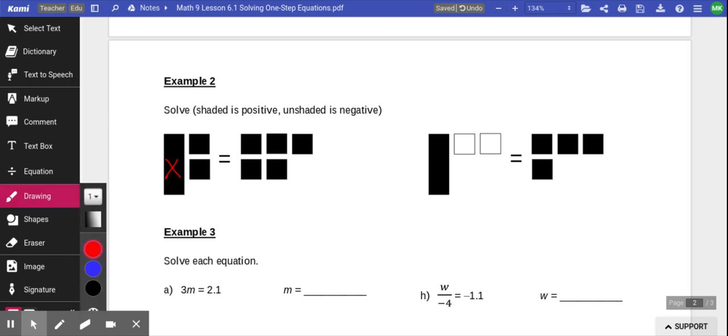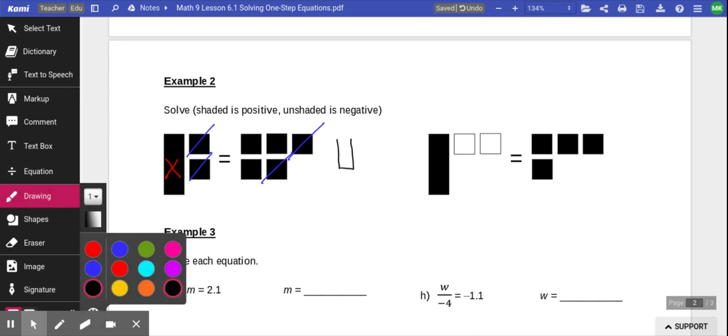The way we do that is by looking at these algebra tiles and trying to eliminate everything down to just one x tile. So if I look, I could basically cancel out 1 for 1 with these little tiles. And I'm left with one tile, which is x, equals 3. This would mean x equals 3.